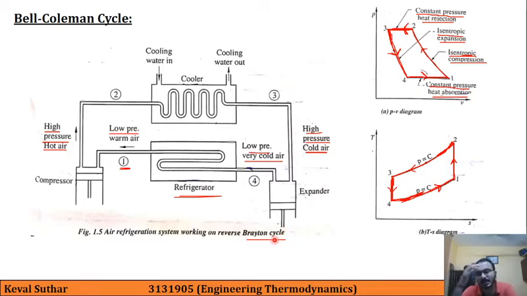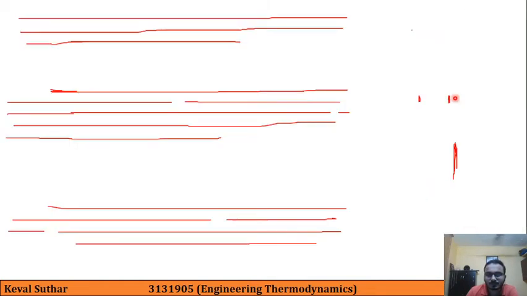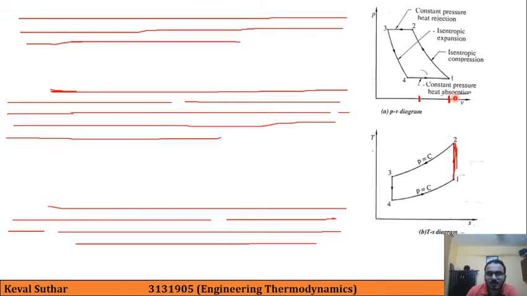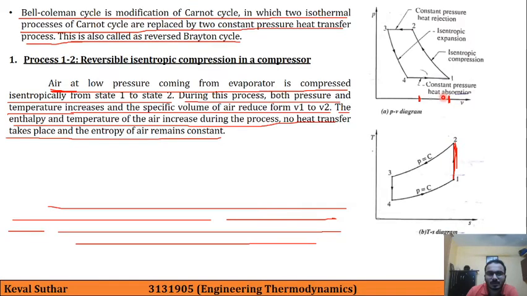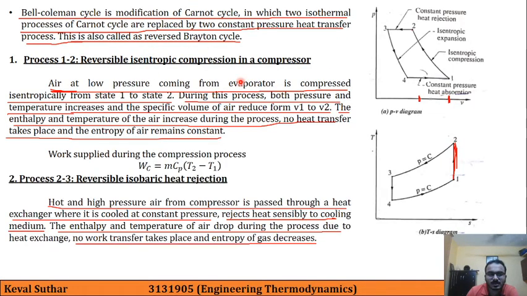We studied the Brayton cycle in gas power cycles. The reverse Brayton cycle or Bell-Coleman cycle is similar to it, but the only difference is the direction of the processes. The processes are the same: isentropic compression, isobaric heat rejection, isentropic expansion and isobaric heat absorption. Here we studied all the processes in detail.